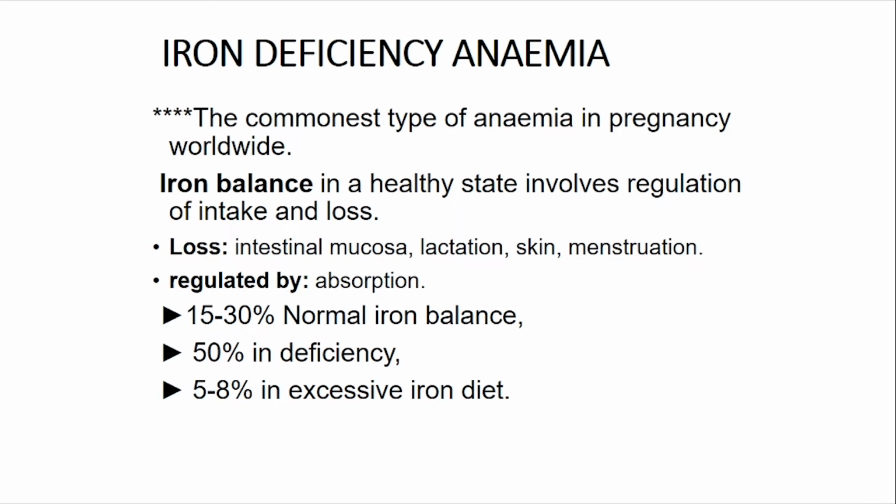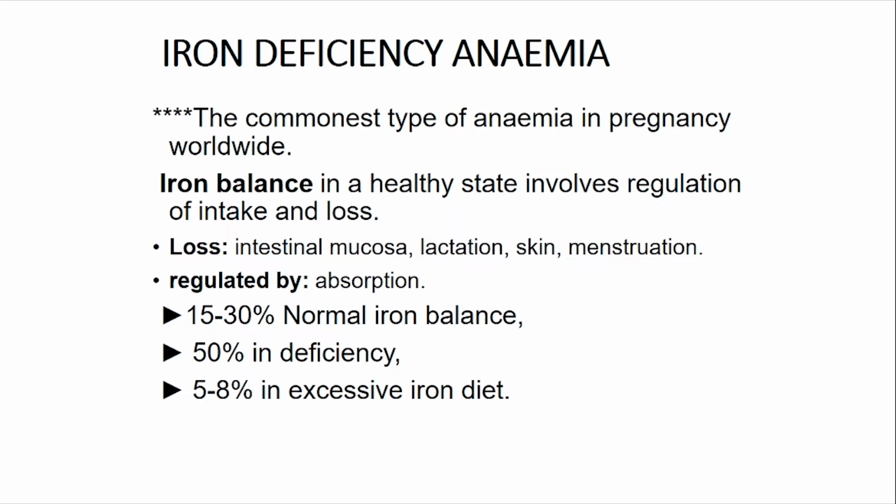Iron deficiency anemia is the commonest type of anemia in pregnancy worldwide. And iron balance in a healthy state involves regulation between the intake and loss of iron. Iron can be lost from the intestinal mucosa, through lactation and during breastfeeding, and through the skin and during menstruation.